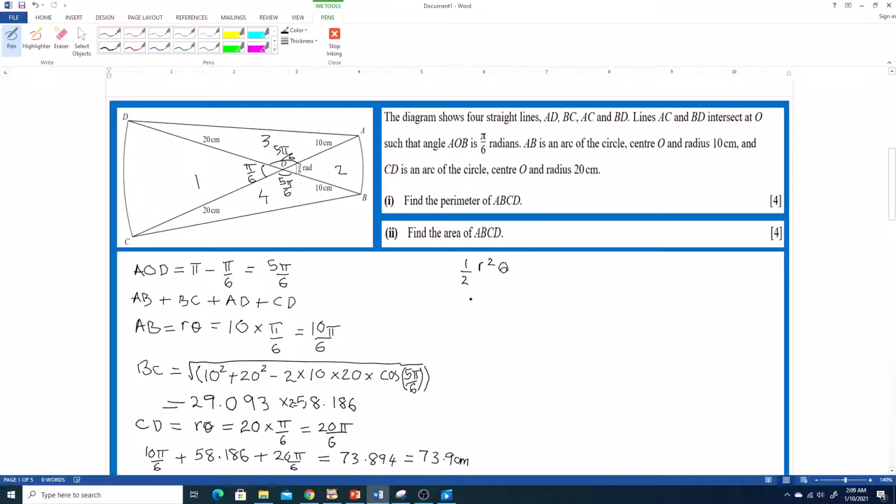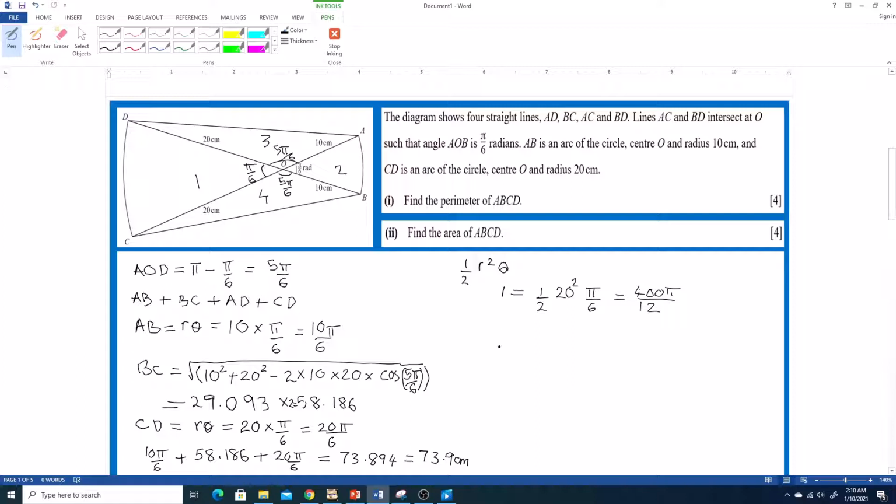So the area of 1 is going to be a half, R is 20, so 20 squared, and theta is pi over 6, so that gives me 400 pi over 12.